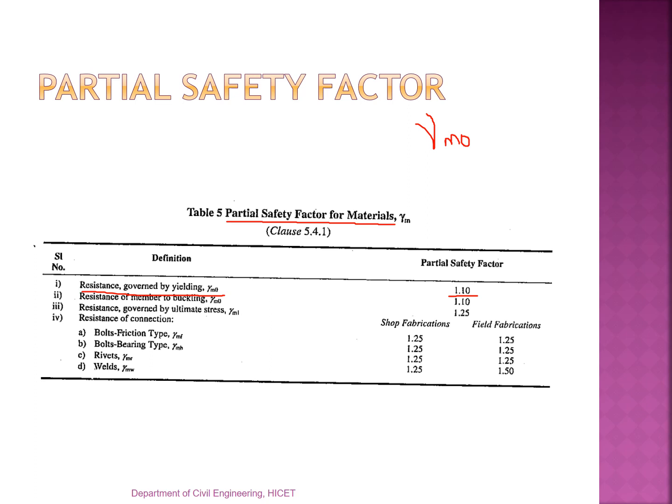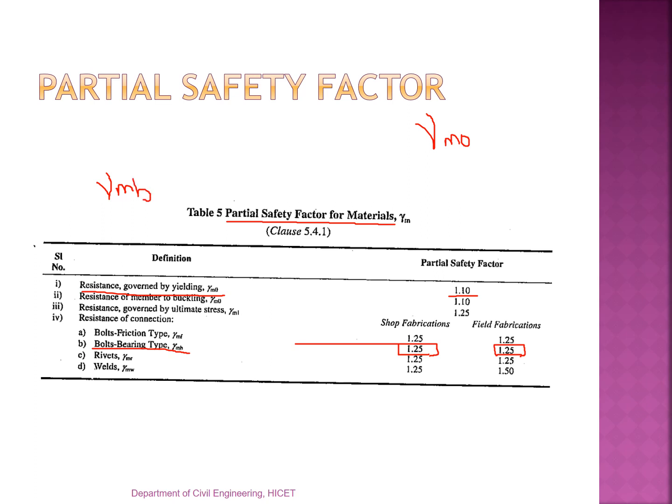Next, an important partial safety factor for bolted connections, we have to know the value of gamma mb. If your fabrication is shop fabrication, the value of gamma mb is equal to 1.25. Then if your fabrication is field fabrication, the gamma mb value is also equal to 1.25.